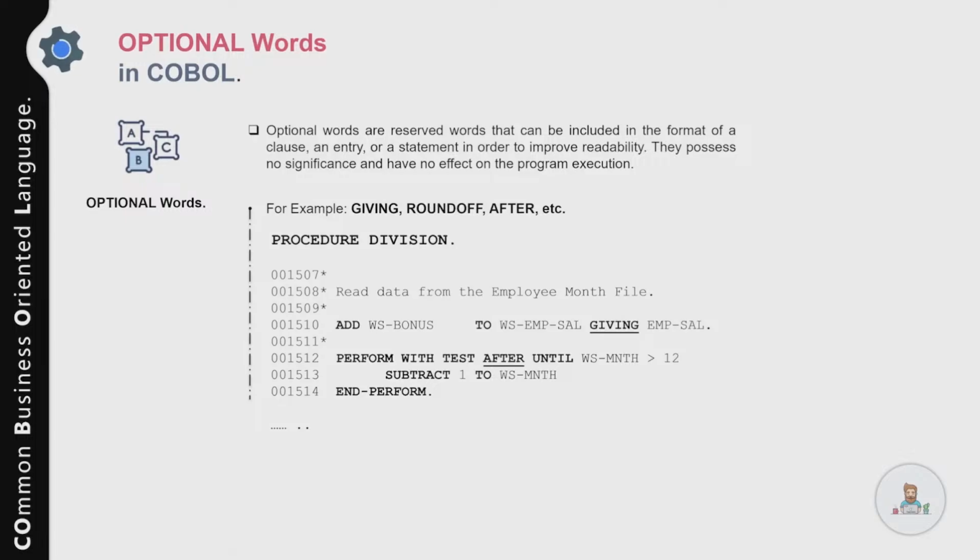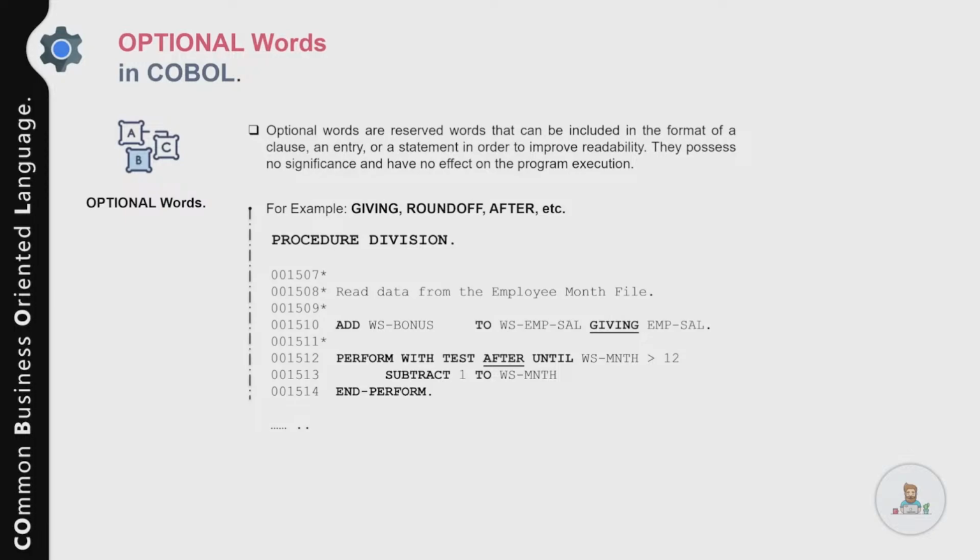A quick example of optional words are giving, rounded, after, and there are many more, right? If you look at the example, similarly we have used the procedure division to specify our business logic. In the statement, we are using add bonus to employee salary, giving EMP-SAL. In this case, giving is actually an optional word.